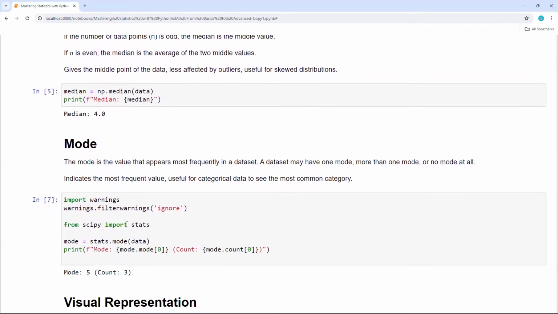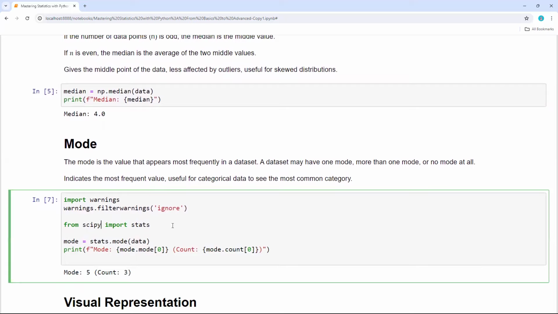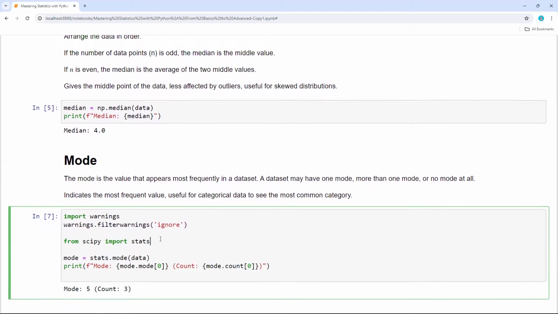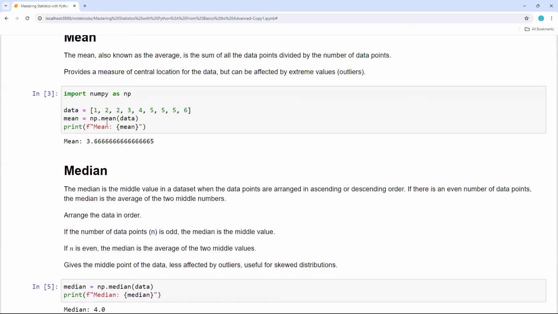So let's see. I'm importing stats from SciPy, which is a scientific tool. If we want to do any statistical operations, we need to import SciPy, then import stats. Now I want to calculate the mode of this data: 1, 2, 2, 3, 4, 5, 5, 5, 5, 6.